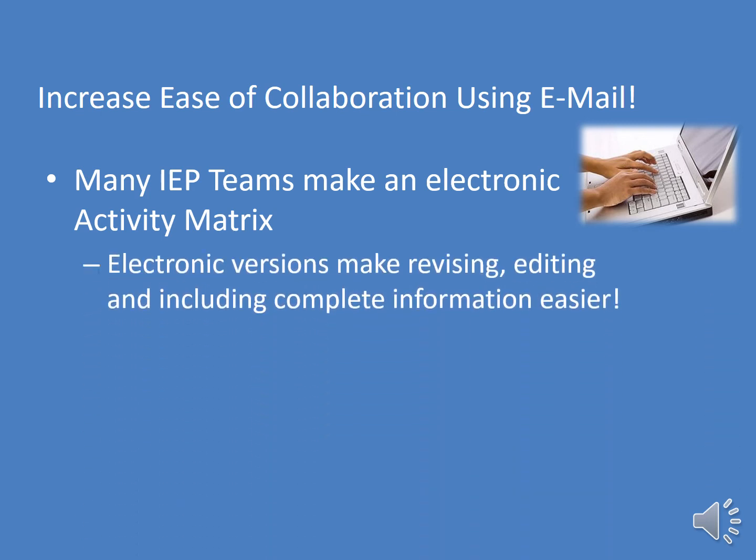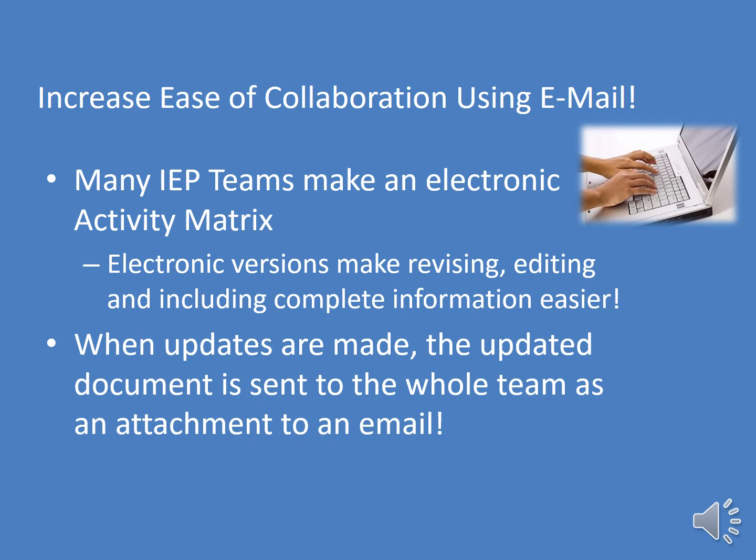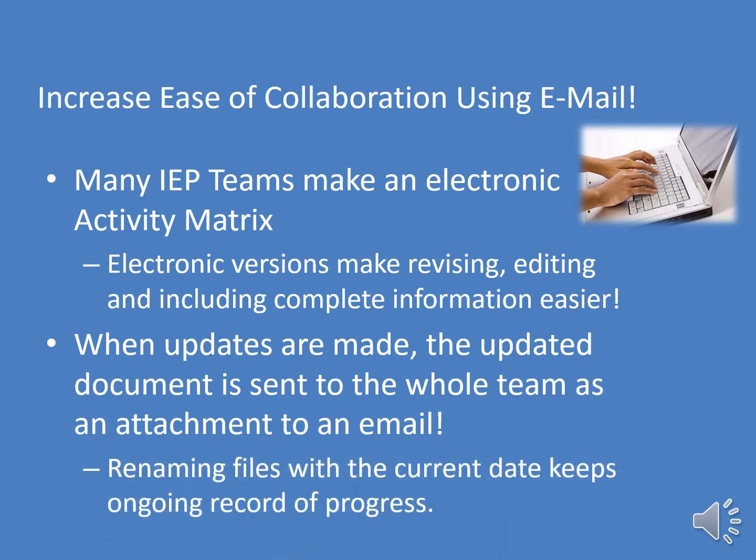We all have busy schedules, so electronic versions can make the revising, editing, and including all that information much easier. And when the matrix needs to be updated, the document can be sent to the entire team as an attachment. Remember to rename the files with the current date, just so you know you're looking at the most recent.